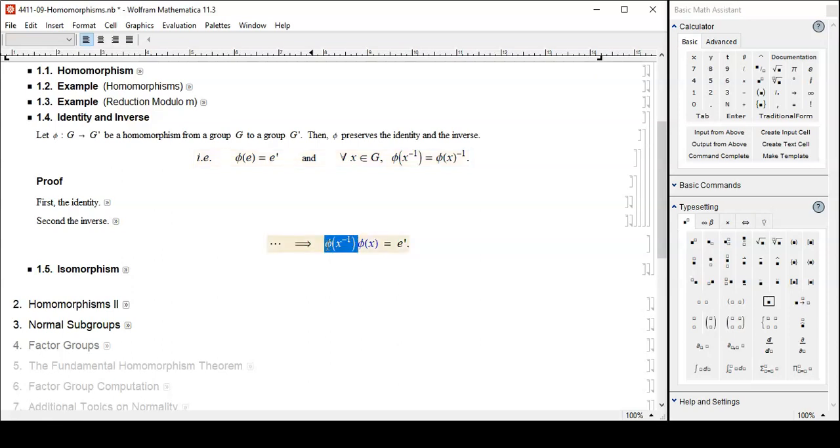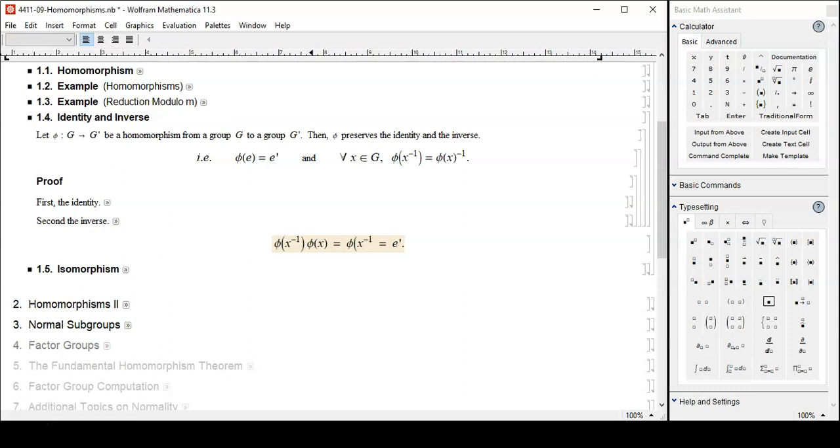Colors are now confusing, so let's get back to black. Excuse me, it's better to do it here. And we have to use the fact that phi is a homomorphism, so it preserves the group operation.